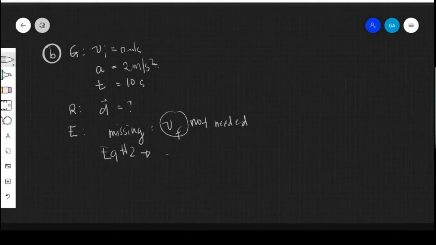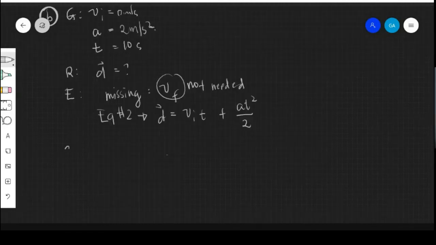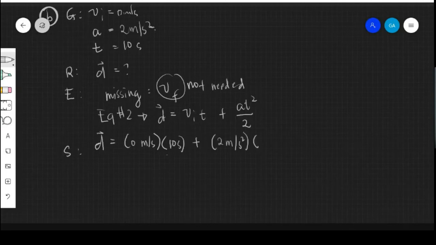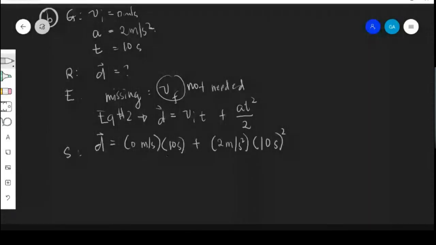That will be D is equal to VIT plus AT squared over 2. And then now, we can substitute. So, solution na natin. D is equal to VI, which is 0 meters per second, times the time, which is 10 seconds, plus A, your A is 2 meters per square second, times the time, which is 10 seconds, then you square it, over 2.